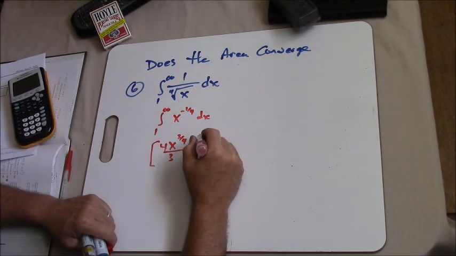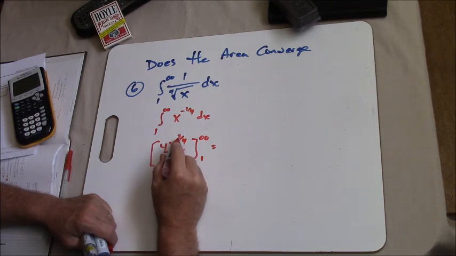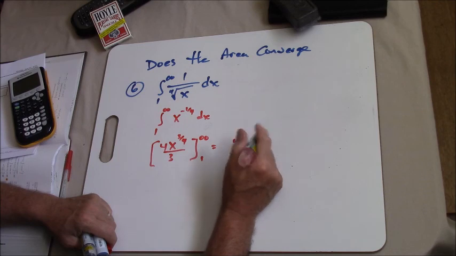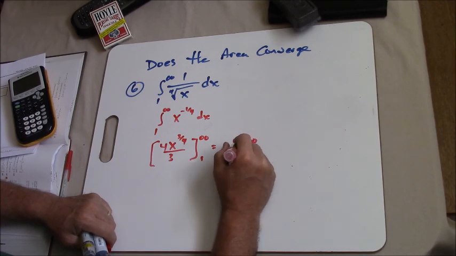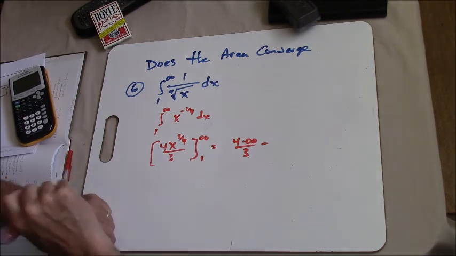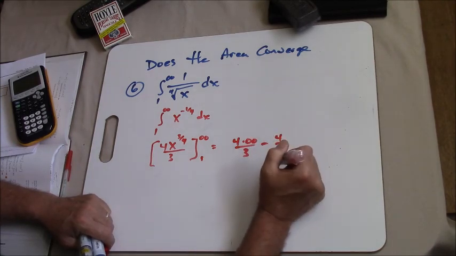So if I plug in infinity raised to the 3/4, well, really infinity raised to anything as long as it's a positive exponent is equal to infinity, times 4/3, minus what I get when I plug in a 1, and that would just be 4/3.